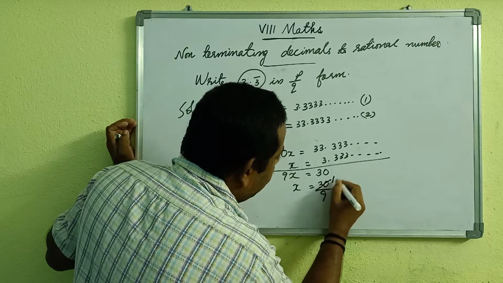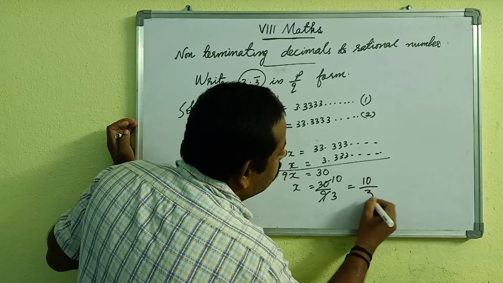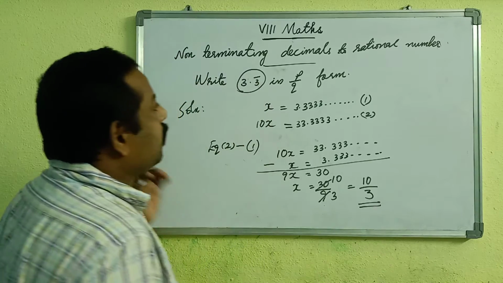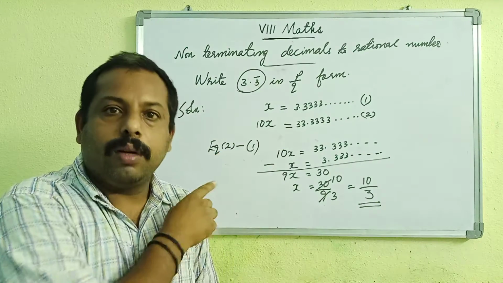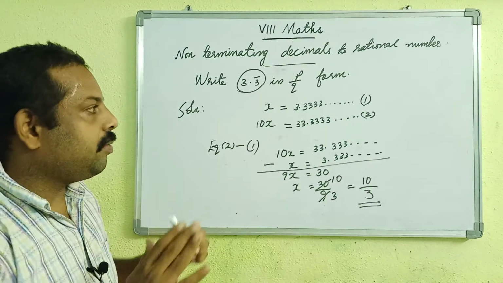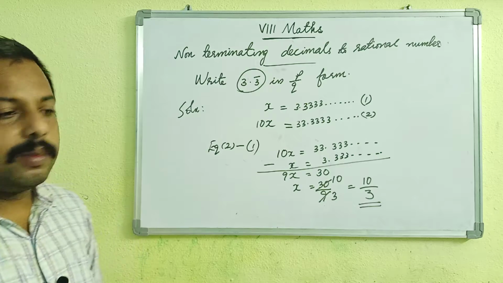We can divide by 3. 10 3s are 30, 3 3s are 9. You see, what is the p by q form of 3.3 bar? 10 by 3. You can note down this answer. Whenever you note down, pause the video and note it down.